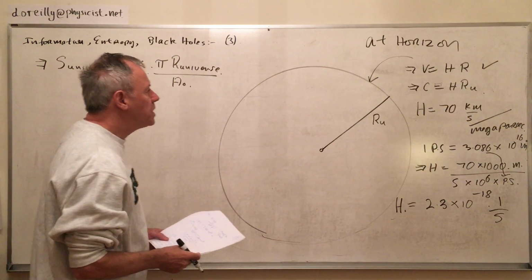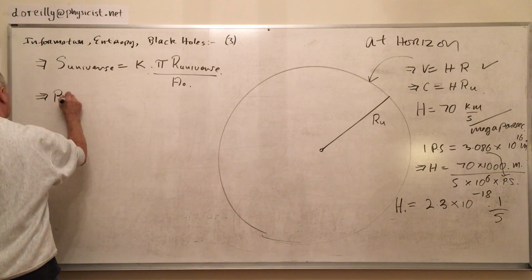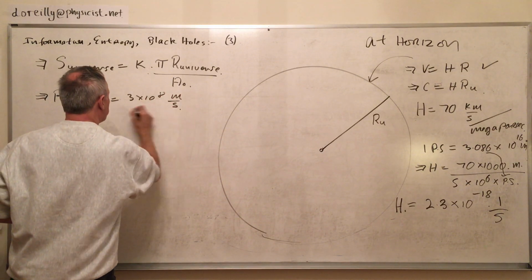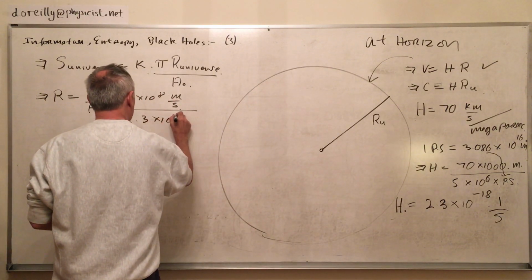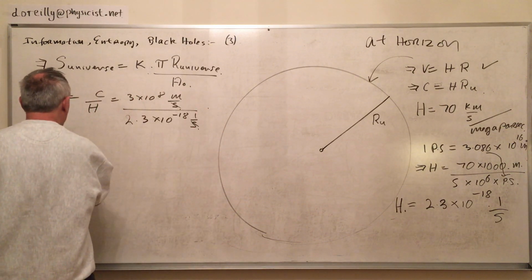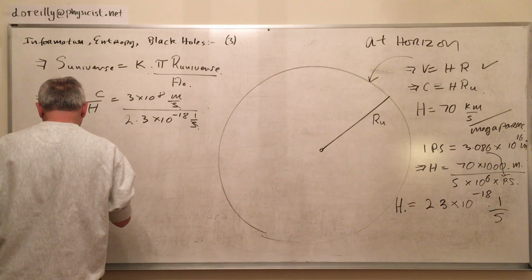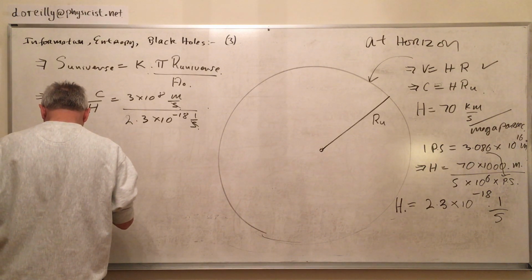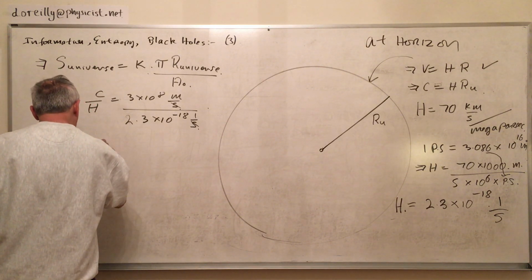So, what is R? R is going to be c over H. And this is the H. Now the seconds cancel, and I'm going to get units of meters, and the number I get is 1.3, sorry.